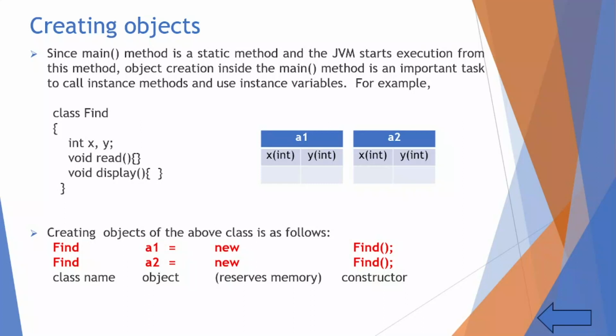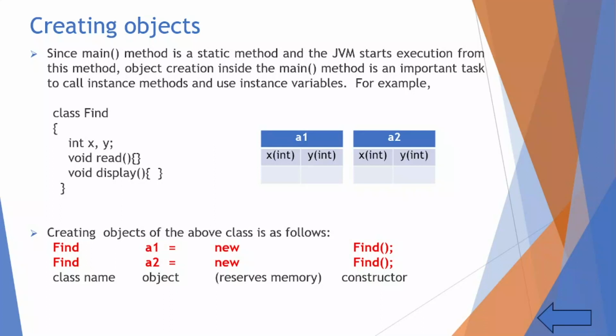Now how to create an object? Class name, those red colored ones: class name followed by object name equals new, the class name followed by parentheses. That is Find a1, a2, a3, any name. It's an object or variable. Variable means primitive data type variables, we call int x, y variables.